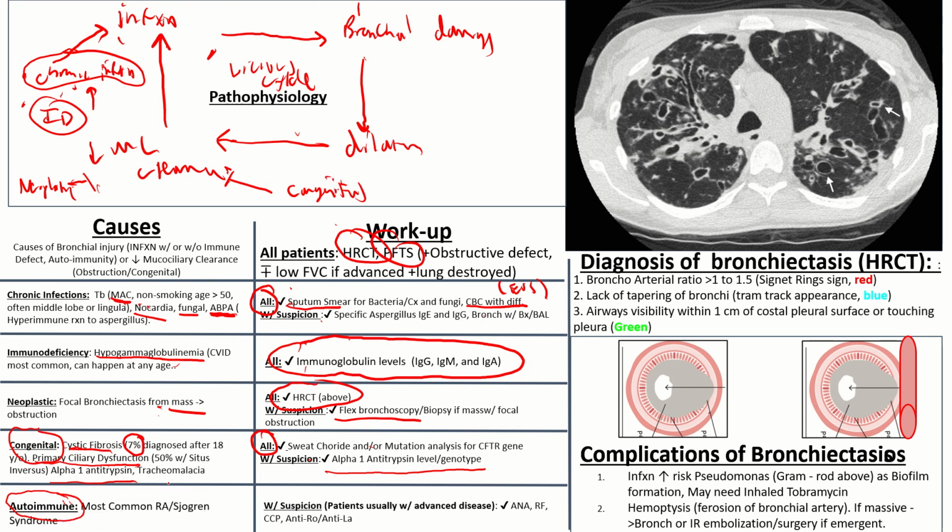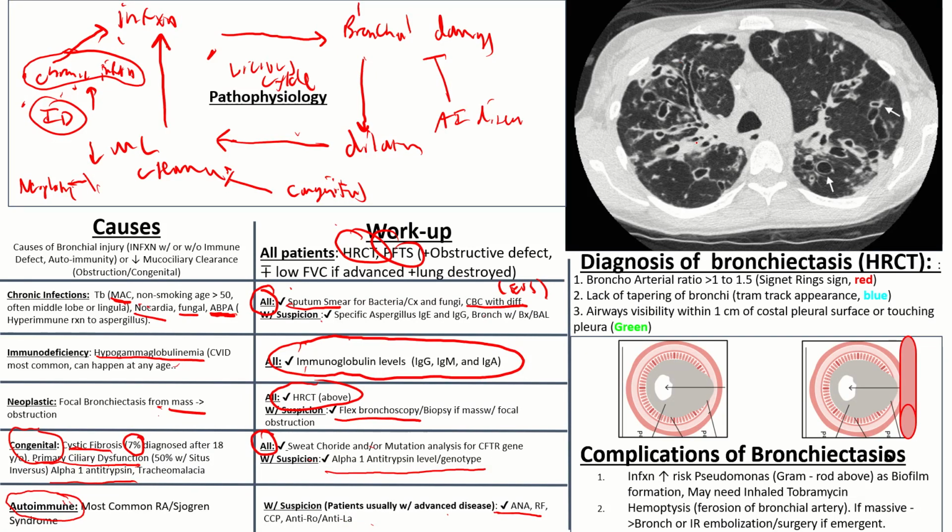So anyway, autoimmune causes, they're going to have long-term diseases, so it should be relatively apparent if they have bronchiectasis from bronchial damage from autoimmune disease. But you really only do it with increased suspicion for autoimmune disease. You might check for lupus, Sjogren's syndrome, and RA, which can sometimes cause bronchiectasis.